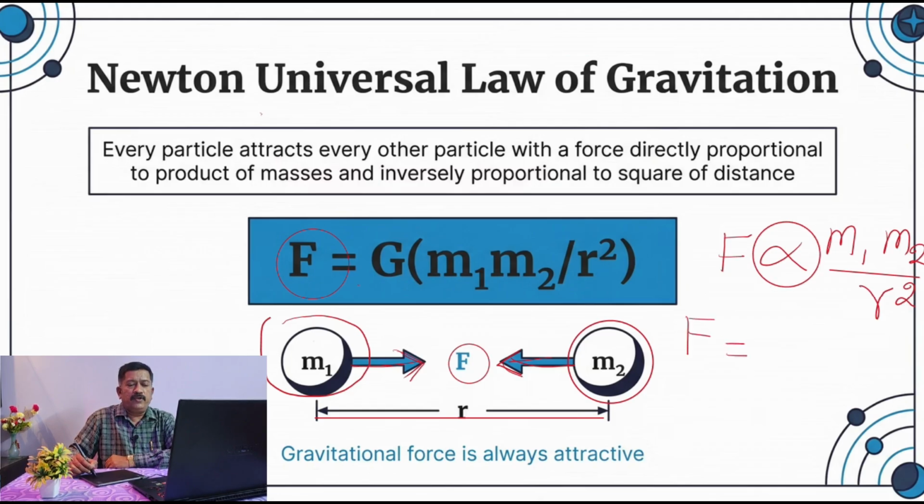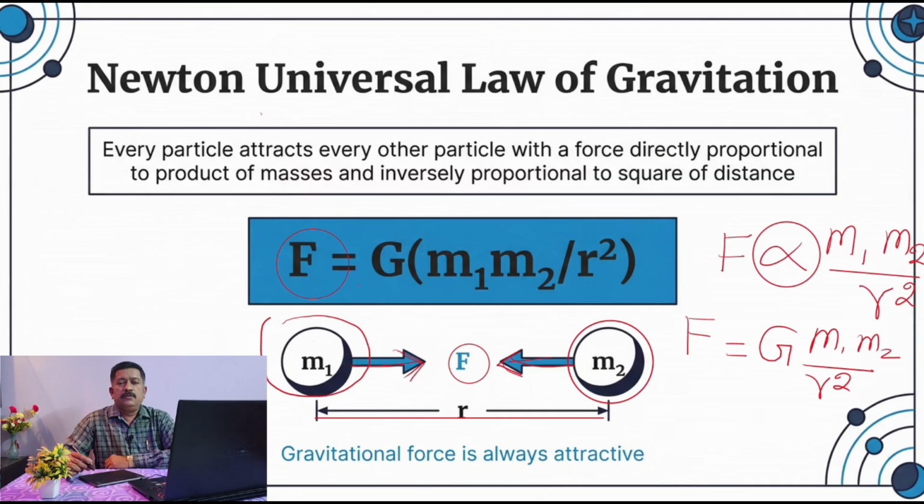We always use a constant instead of the proportionality symbol, and here Newton used the universal gravitation constant, capital G. F equals G m1 m2 by r square, where G is the universal gravitation constant, whose value is 6.67 into 10 power minus 11.